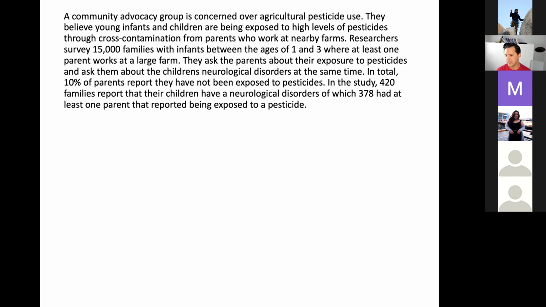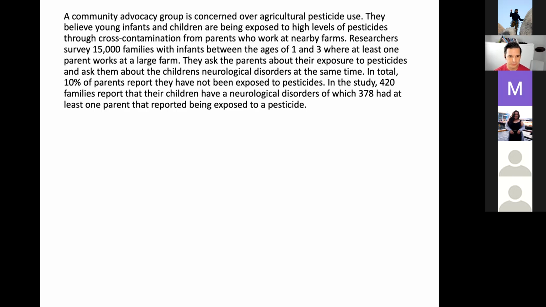They ask them about their exposure to pesticides and ask about children's neurological disorders at the same time. In total, 10% of parents report that they have been exposed to pesticides. In the study, 420 families report that their children have a neurological disorder, of which 378 had at least one parent that reported being exposed to pesticides.